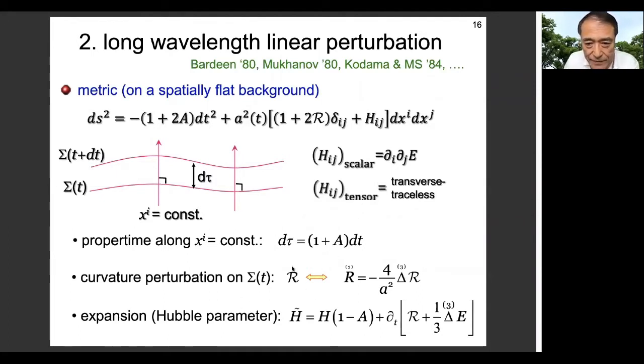Okay. Now, another very important thing is related to how the universe expands, which is of course just a dot over a.